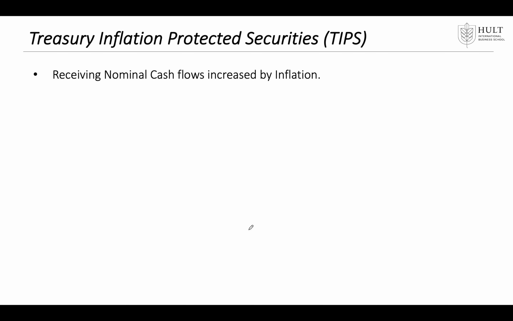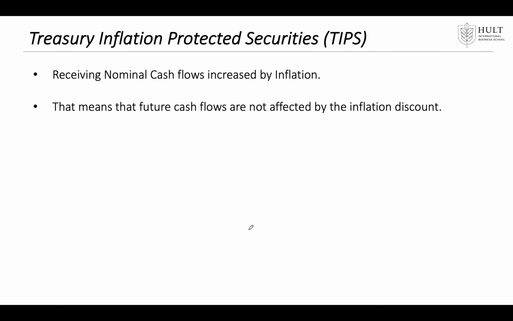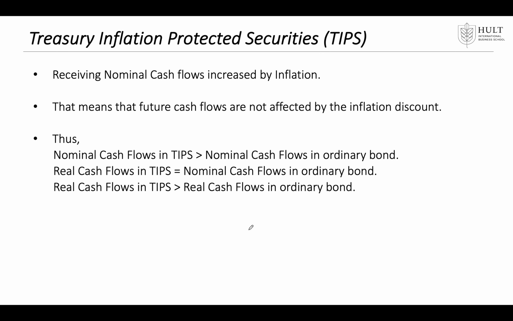Receiving nominal cash flows increased by inflation is the main concept of Treasury Inflation Protected Securities. That means the future cash flows are not affected by the inflation discount when we measure the real interest rate. So the nominal cash flow in TIPS is definitely greater than the nominal cash flow in the ordinary bond.